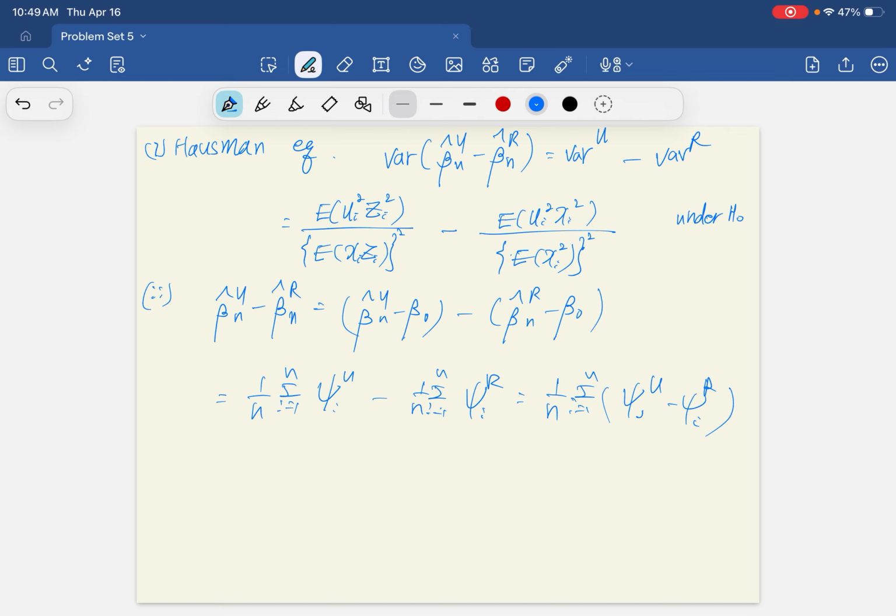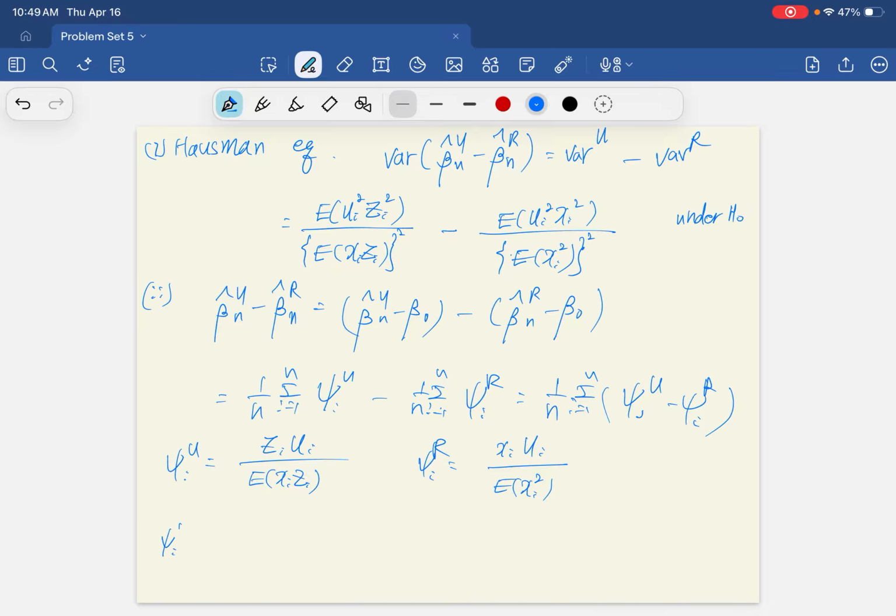Let's think about this. The unrestricted model's influence function was expectation x_i z_i in the denominator over z_i u_i, and the restricted estimator's influence function is this.